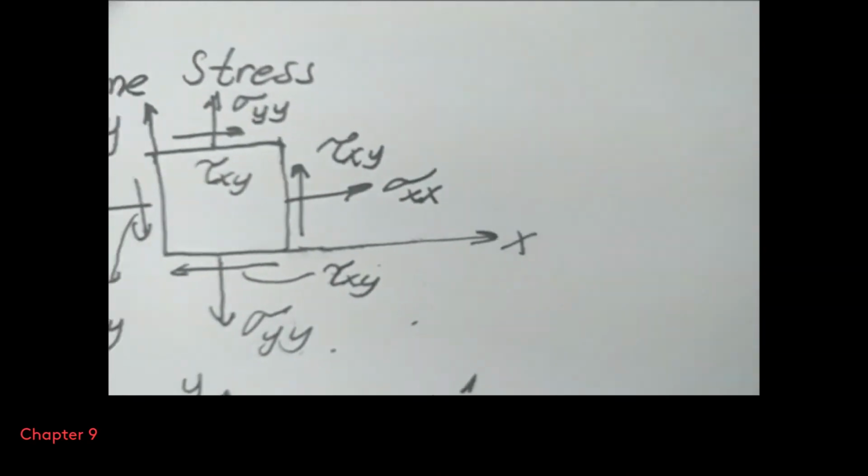Certainly the sum of the forces in x prime direction has to be equal to 0, and the sum of the forces in y prime has to be equal to 0. So these are the two equilibrium conditions that we have. Now let's begin by writing the static equilibrium in x prime direction.